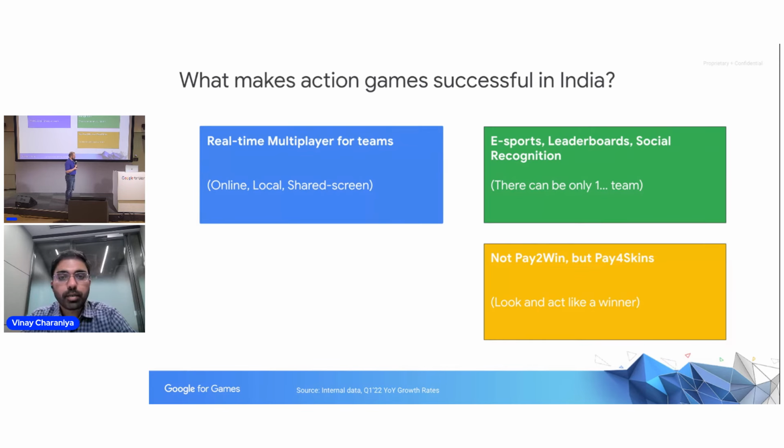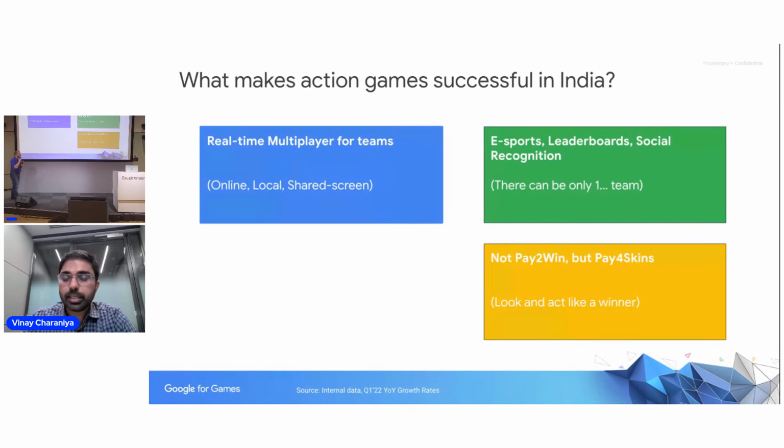The second part, because of the large population in India, and we're extremely competitive, that also leads to a lot of pride in being high on leaderboards, in being number one. This is why game developers have really leveraged esports, leaderboards and social recognition very well within games to make those features and those games popular, and hence get more users.